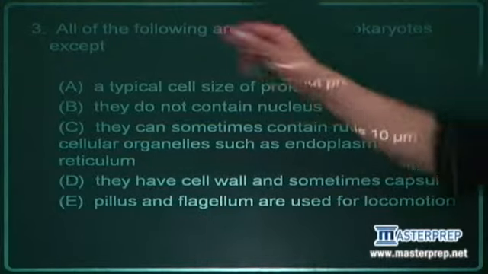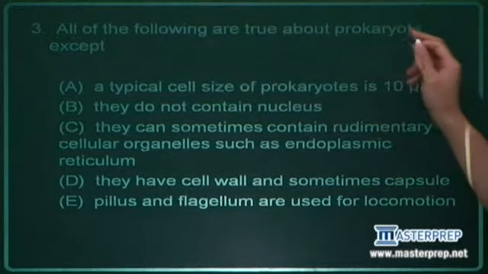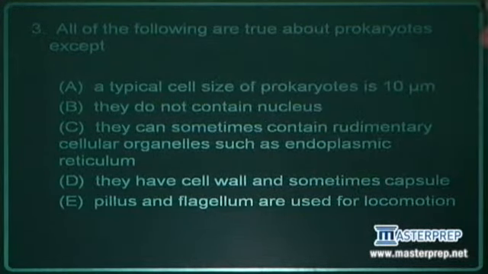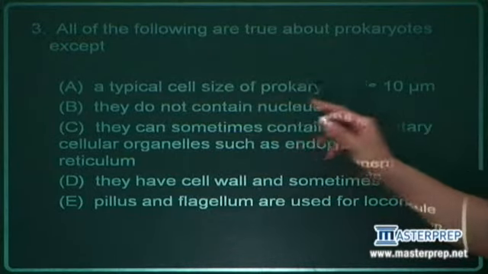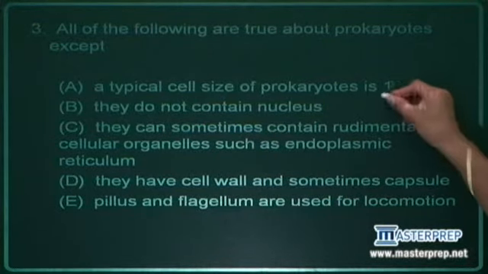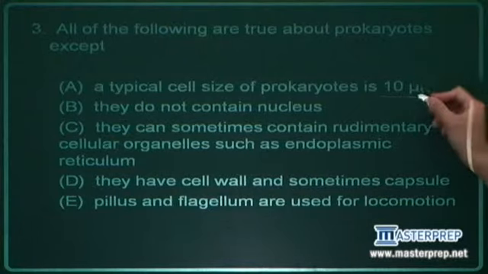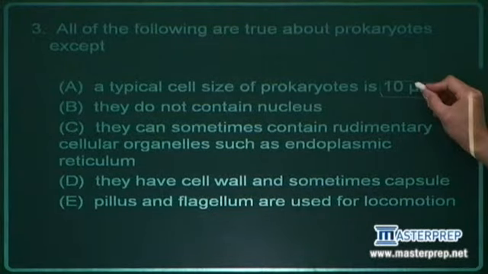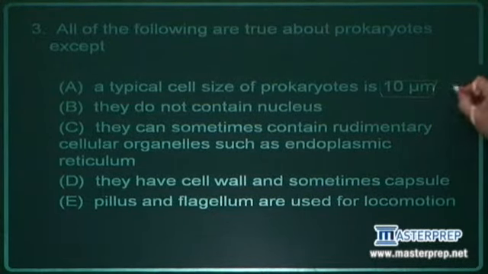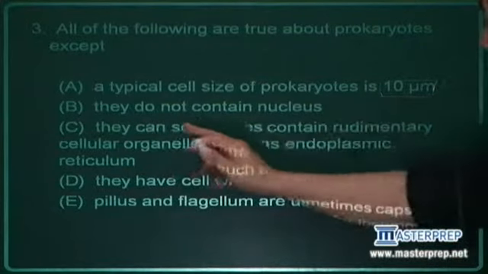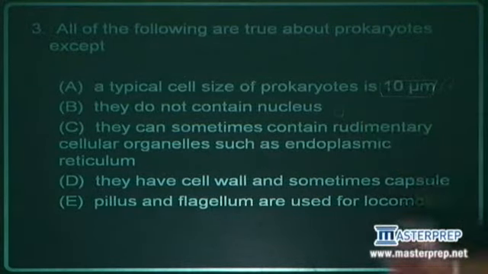Number 3, all of the following are true about prokaryotes except A. A typical cell size of prokaryote is 10 micrometer. Yeah, you definitely do not have to know the number, but you do know it's a very small number, right? So this is correct. And B, they do not contain nucleus, of course.